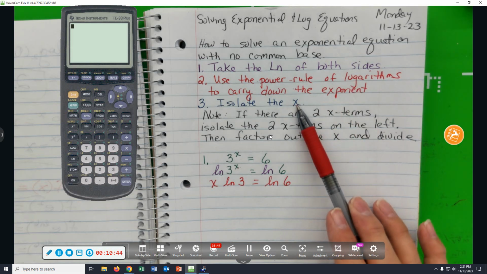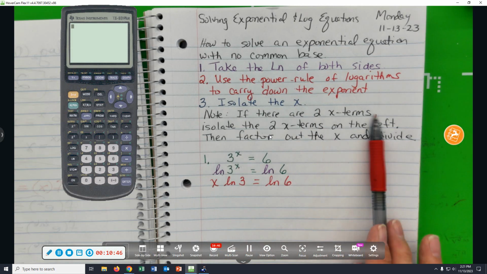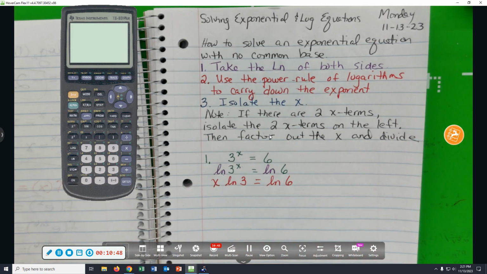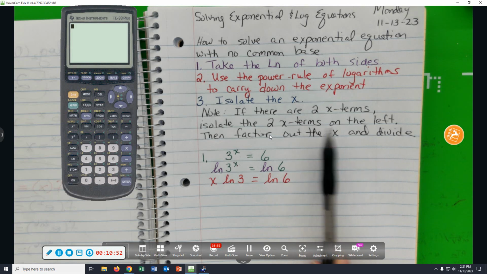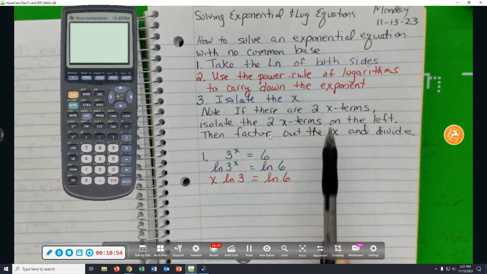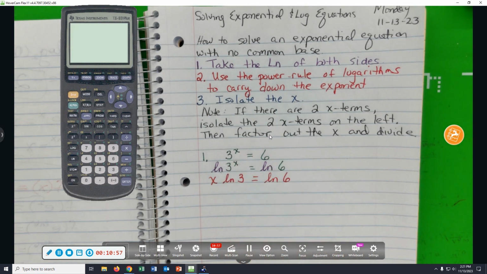Now isolate the x. Well, we don't need to look at this note here because there's only one x. This is what you do if there's two x's, or heaven forbid more than two x's. But to isolate the x, what would we do? What's the operation going between the x and the ln 3? If we don't see a symbol here, what do we assume it is?